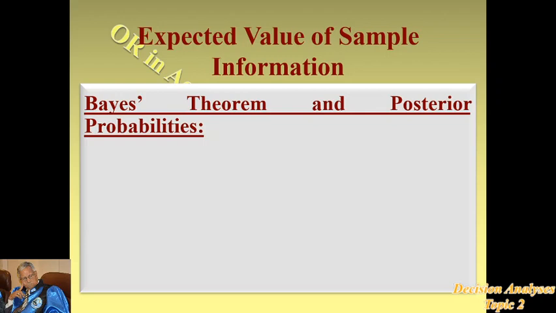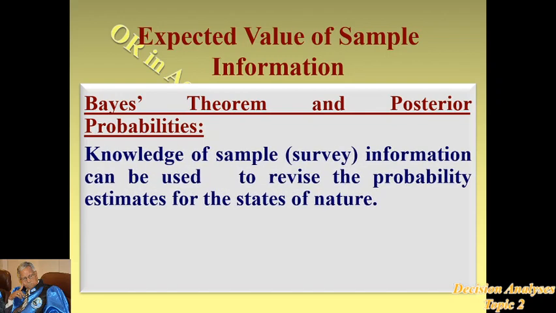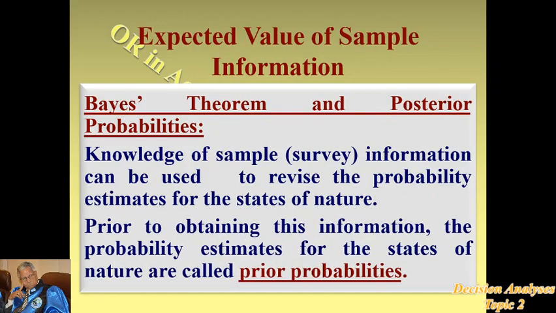Bayes' theorem and posterior probabilities: knowledge of sample survey information can be used to revise the probability estimate of the state of nature. Prior to obtaining this information, the probability estimates for the states of nature are called prior probabilities.